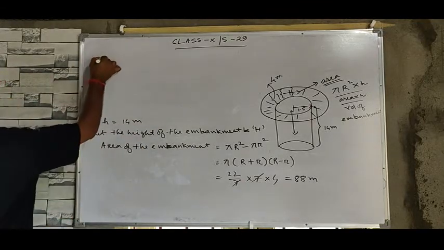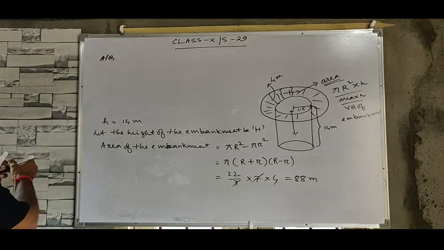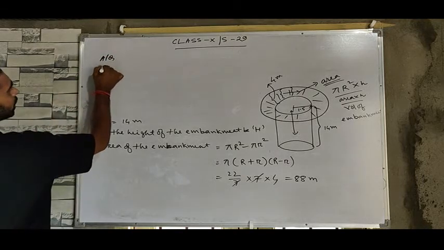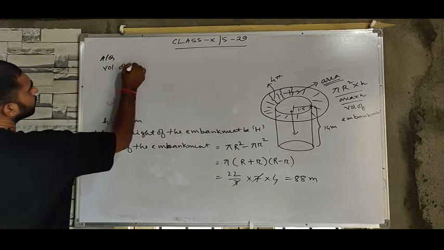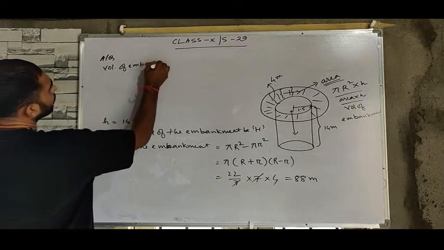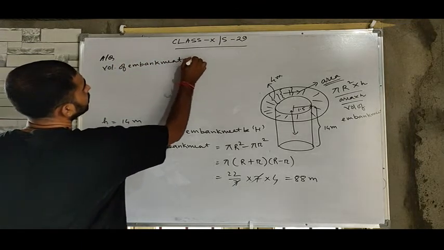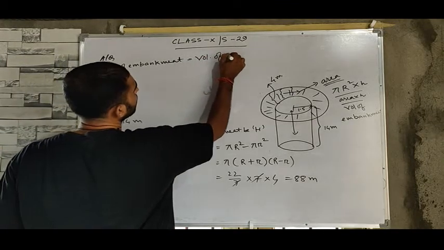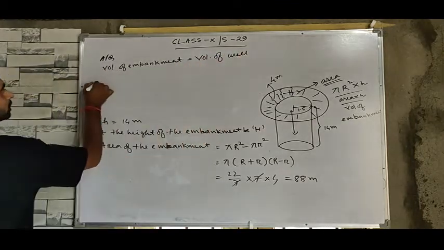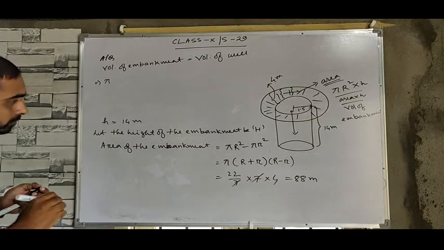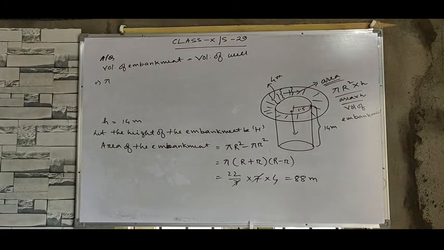Now, according to the question, volume of embankment equals volume of well. Now what is the volume of the well?